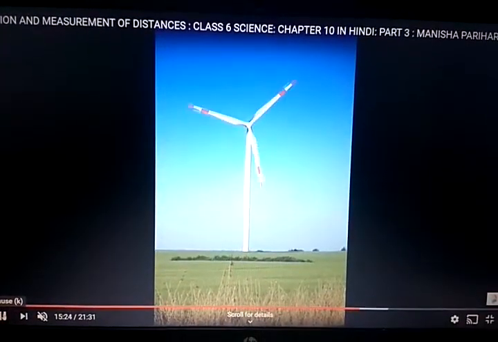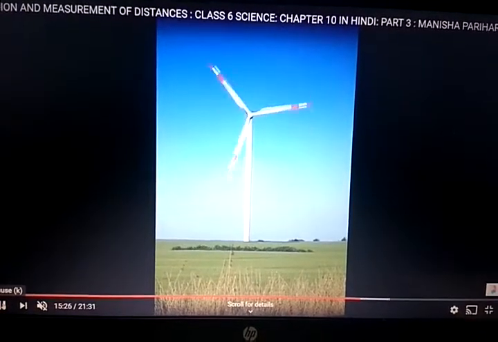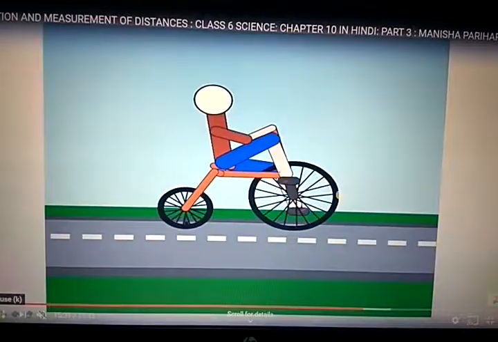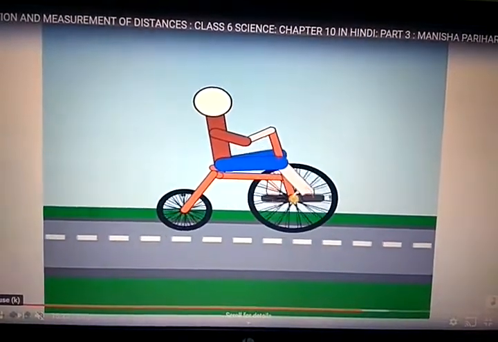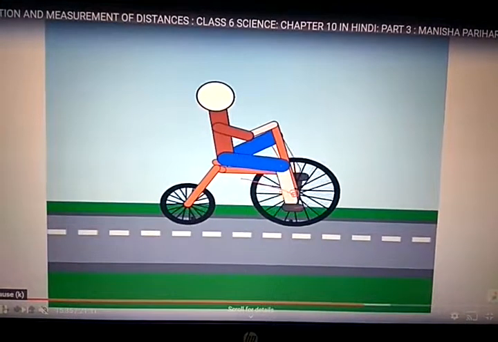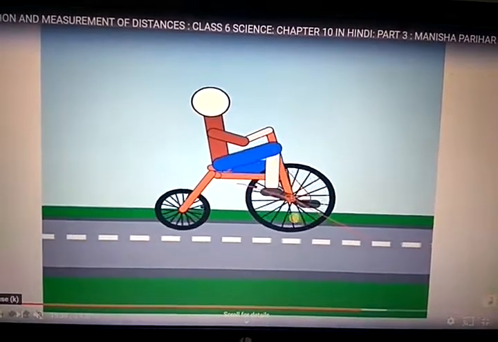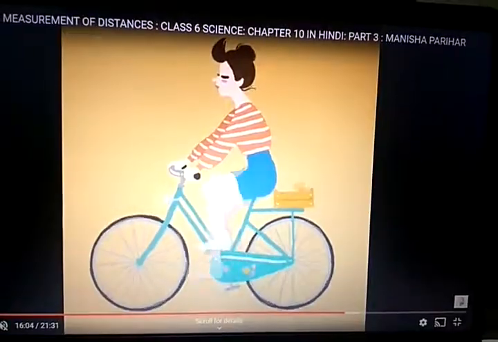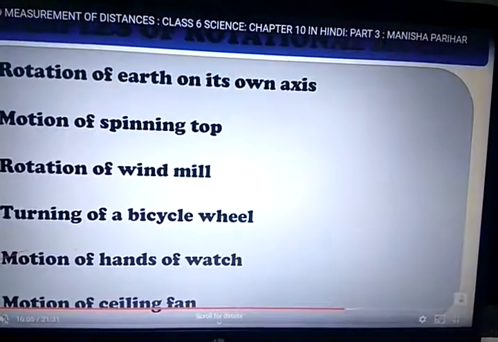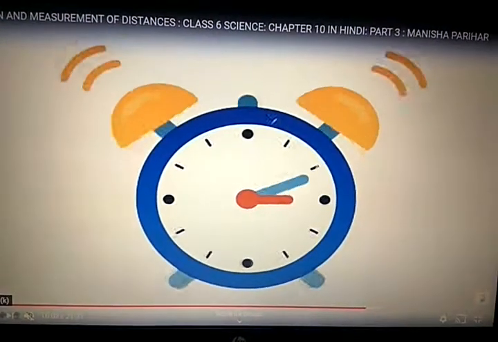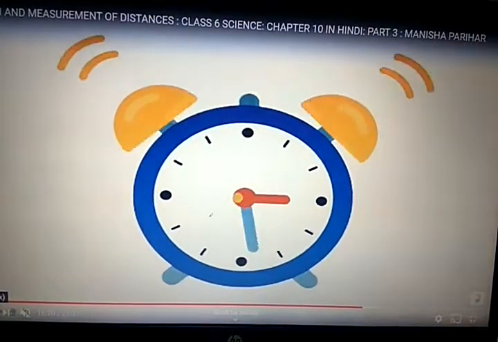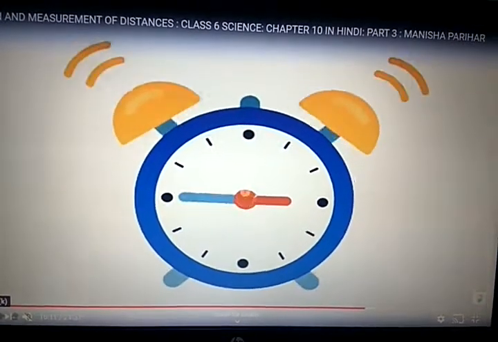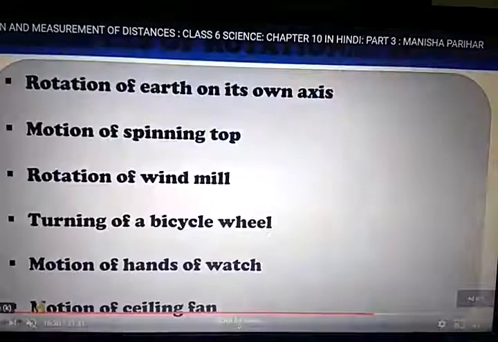You see the windmill moving on its own axis. Cycle wheel moving on its own axle. Bicycle moving. Hands of the clock moving on their own axis.